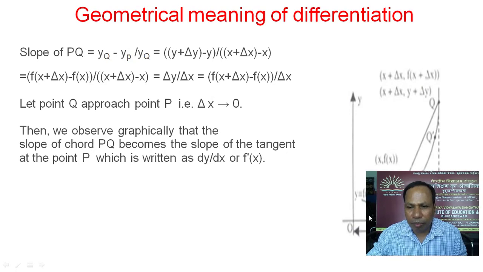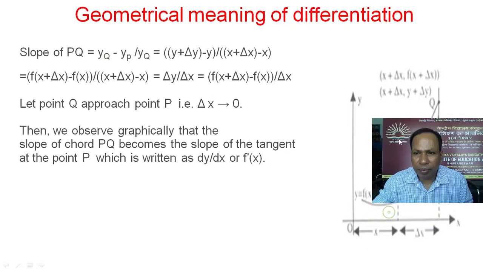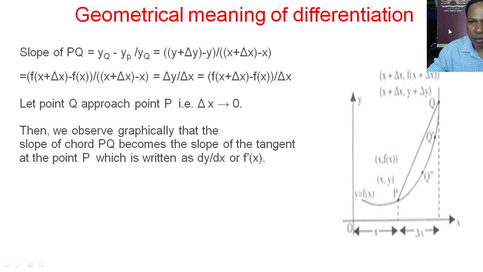Next comes the geometrical meaning of differentiation. What is the geometrical meaning? Now we have a curve, say P is the point (x, y), or (x, f of x) we can call it, and now x changes to x plus delta x. So the new position, point Q, has the coordinates x plus delta x and y plus delta y.